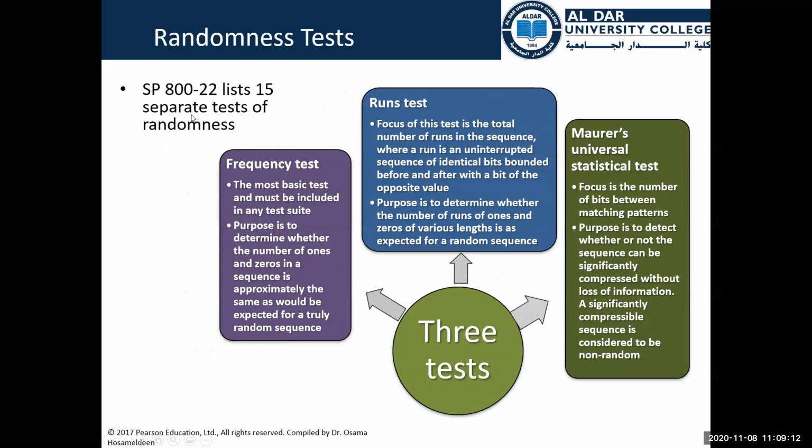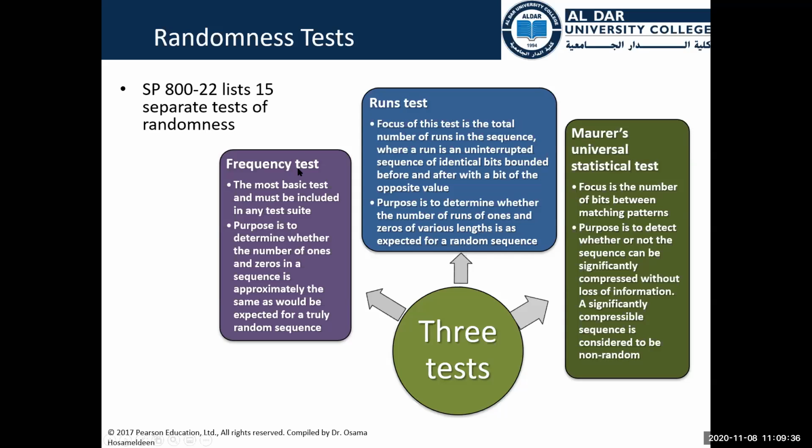We have 15 separate tests of randomness. 15 are too much, but we have included here the most basic tests. Any sequence should be considered random only if it passes all these tests.